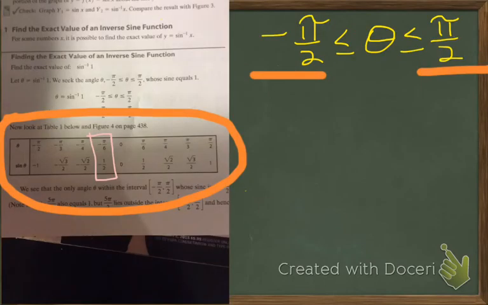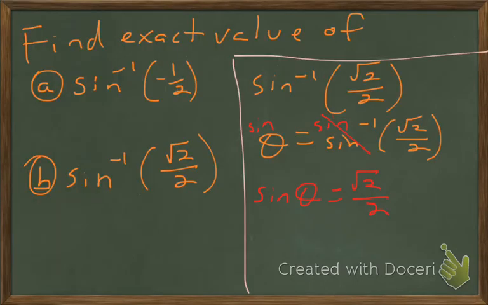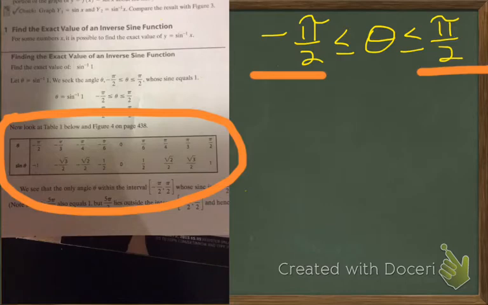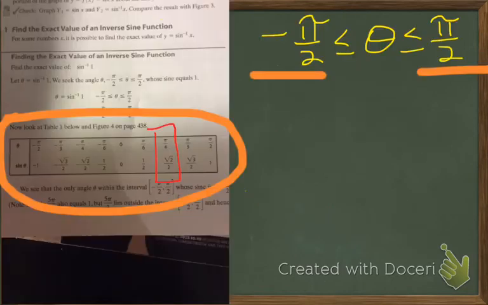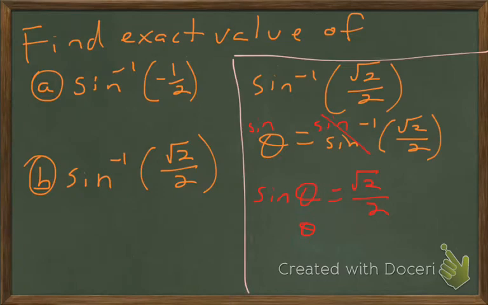Once again, we look at our chart, and instead of negative 1/2, we are looking at the square root of 2 over 2, which is here. So our value for theta is pi over 4.